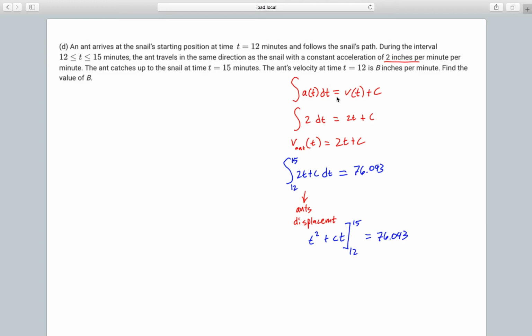So plugging in 15 and then plugging in 12 and subtracting, we actually end up with 81 plus 3c, and that's going to be equal to 76.043. And now we just have an algebra problem, which is solving for c. So subtracting 81 and dividing by 3, we get c is approximately equal to negative 1.652.